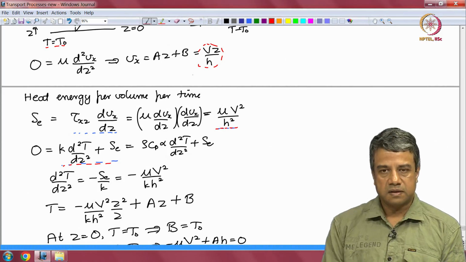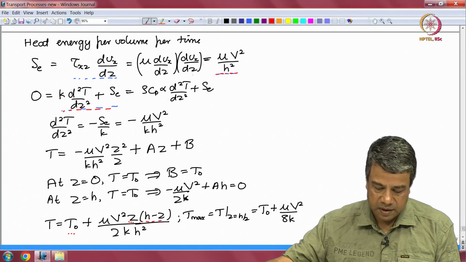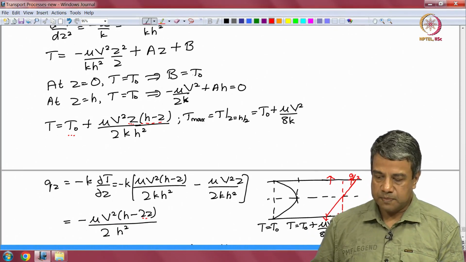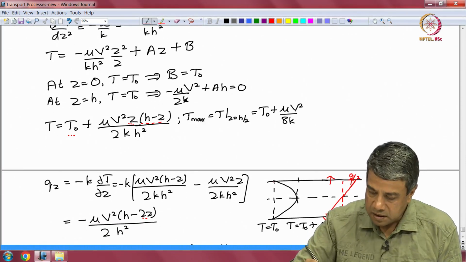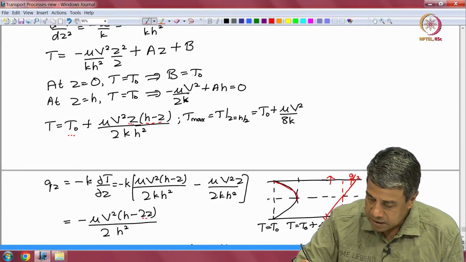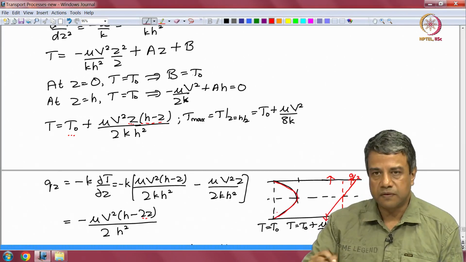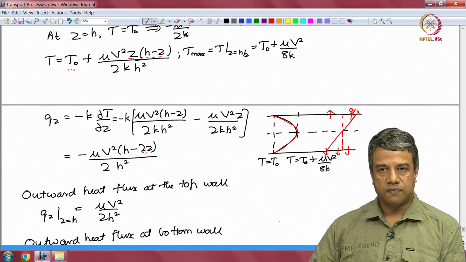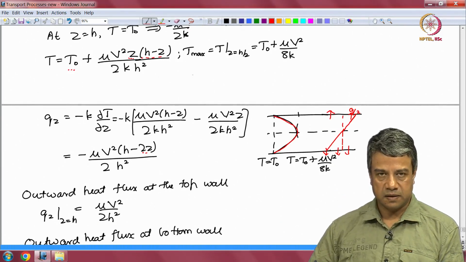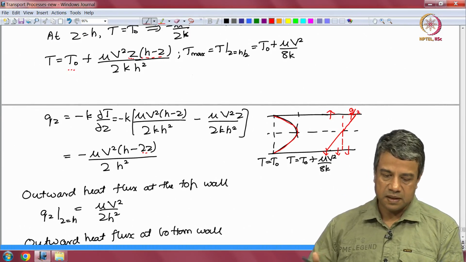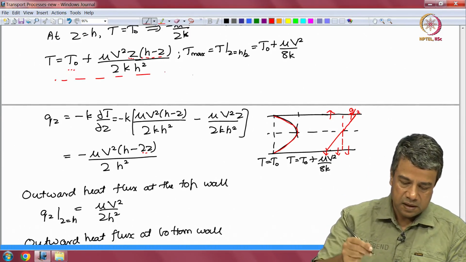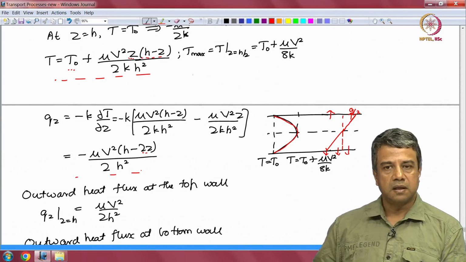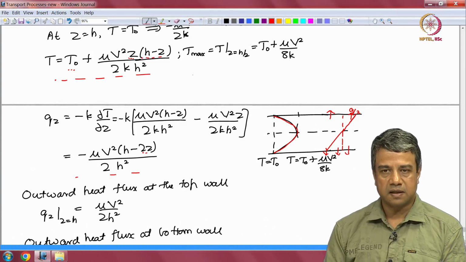We had solved this to find out what is the temperature profile. Temperature profile is a parabolic profile. If the wall temperatures are the same, the temperature profile is a parabolic profile with a maximum at the center. The flux is a linear profile. So, we had solved this to get the temperature profile and the heat flux. Heat is generated internally.